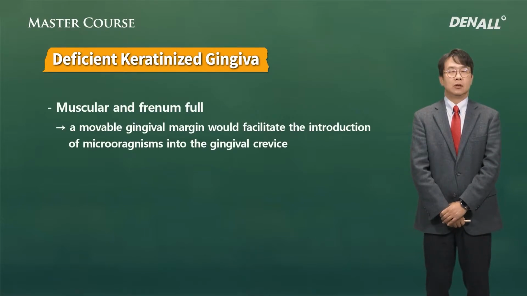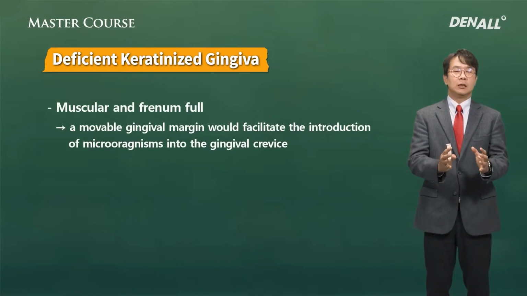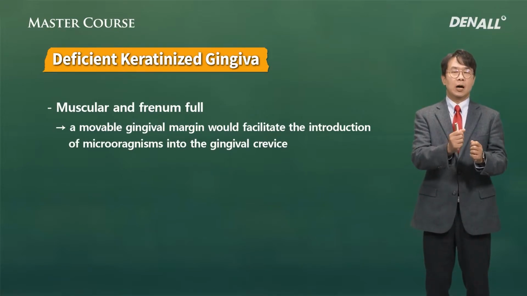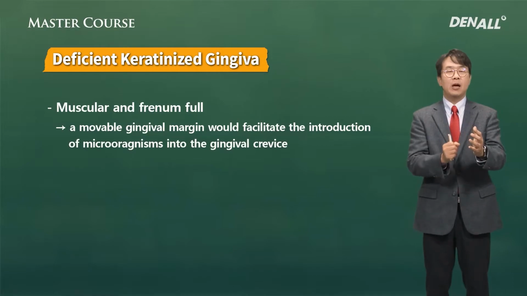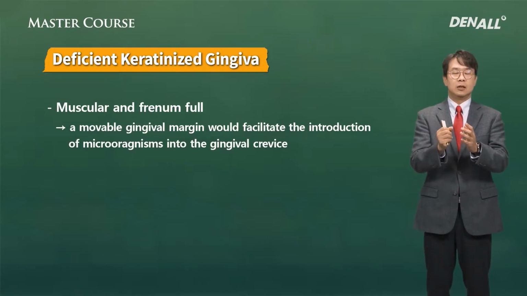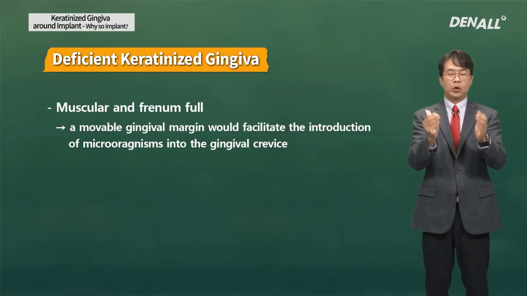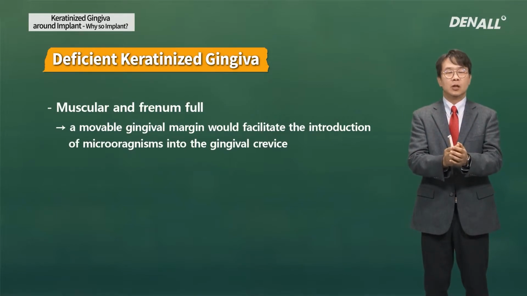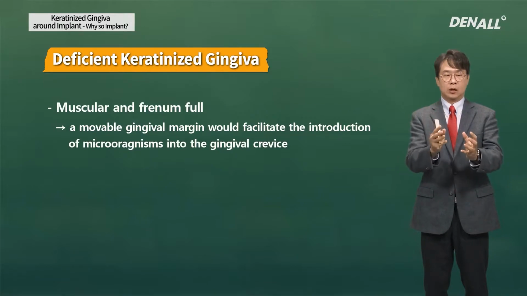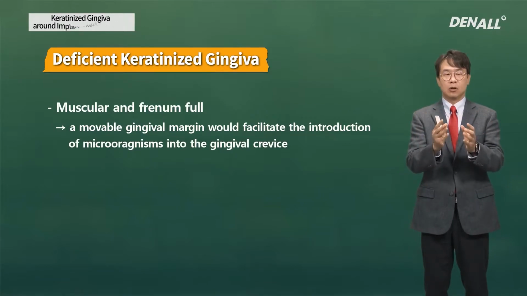There are many reasons for deficient keratinized gingiva. A movable gingiva margin would facilitate the introduction of microorganisms into the gingival crevice because muscular and frenum pull occurs.